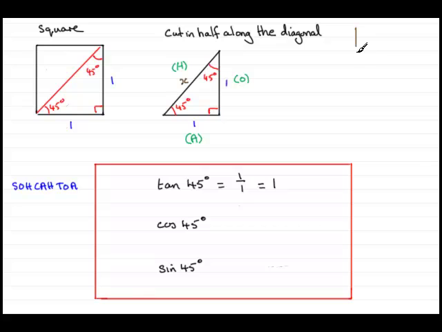Just as a reminder, by Pythagoras' theorem the hypotenuse squared, which is x squared, is equal to the sum of the squares of the other two shorter sides. So that's 1 squared plus 1 squared. In other words, x squared equals 1 plus 1, which is 2. And if we square root both sides, x is the square root of 2.